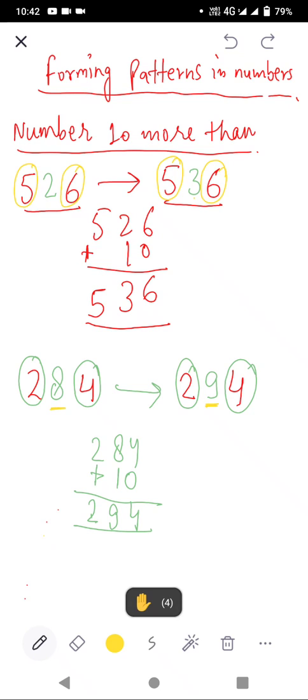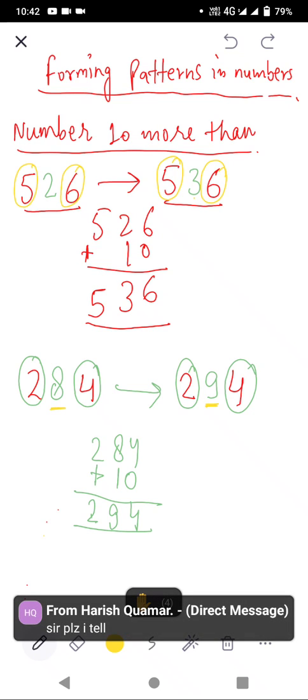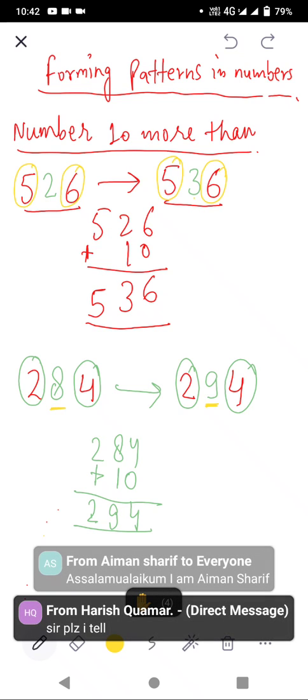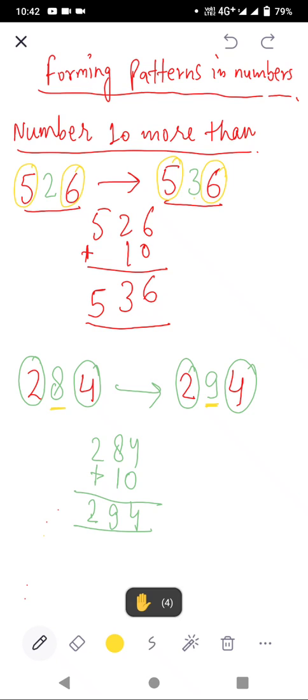So we can find out a number which is 10 more than a particular number by adding in the tens place only. If we need to find out 10 more than, we just add 1 in the tens place digit. Okay, and the hundreds place digit and ones place digit will remain same.